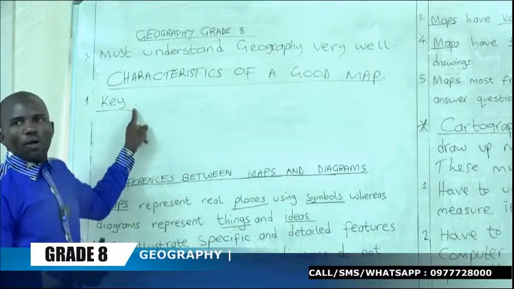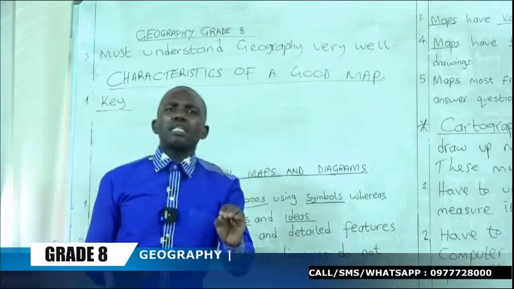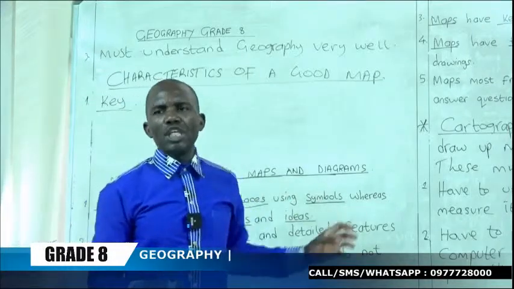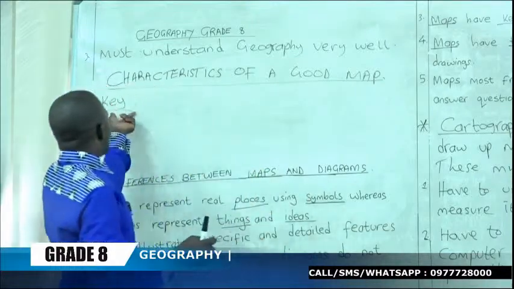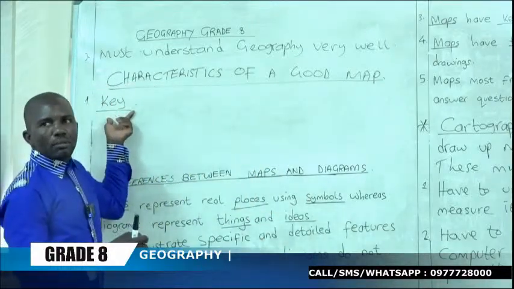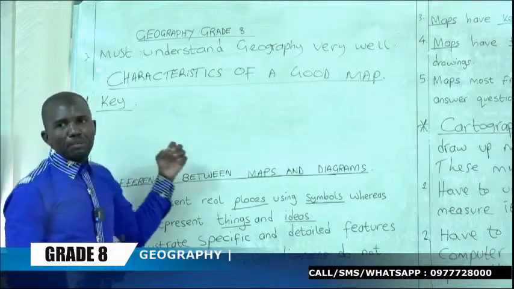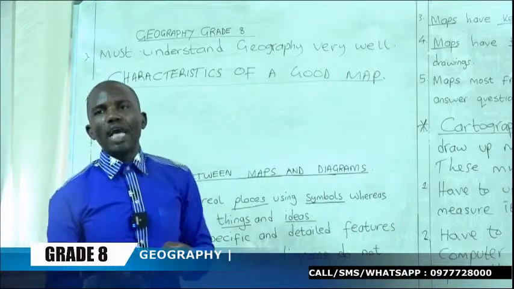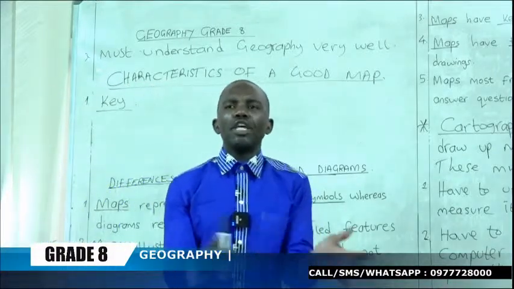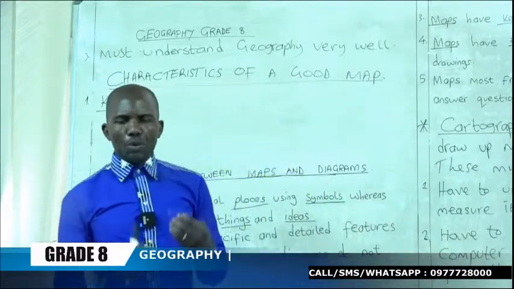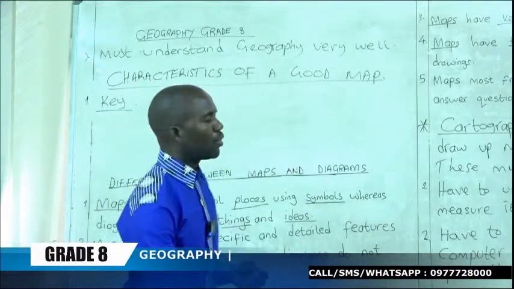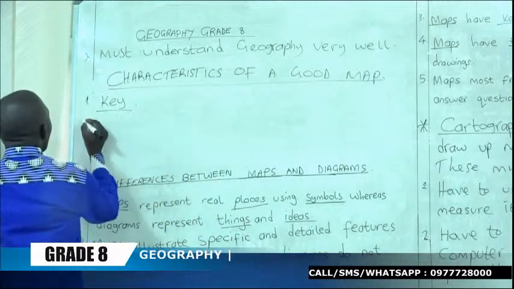This key will give you a guide on the things expected to be found on that specific map. Then the symbols of each feature represented by that map will tell you the meaning of each symbol. They represent real things, in short. That's what I'm trying to say.